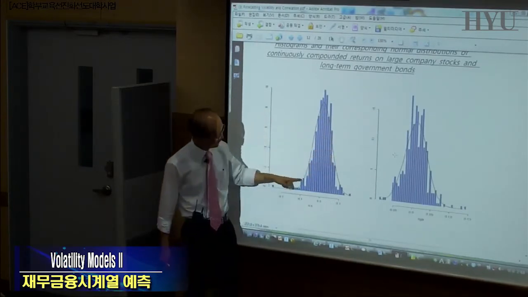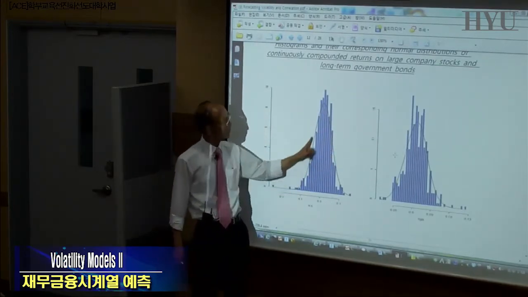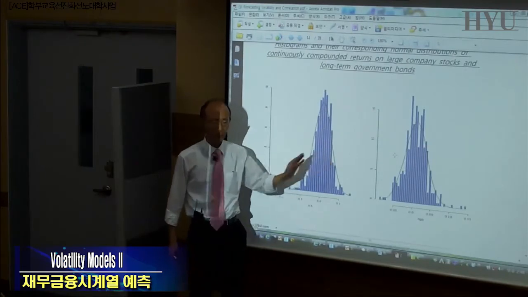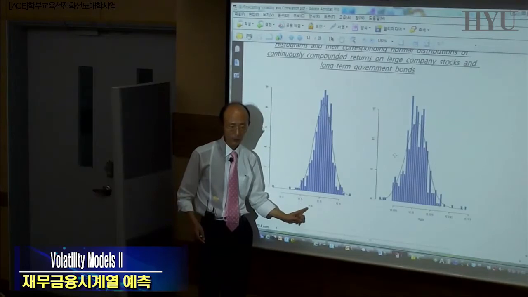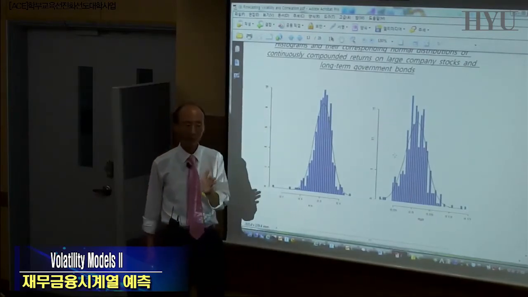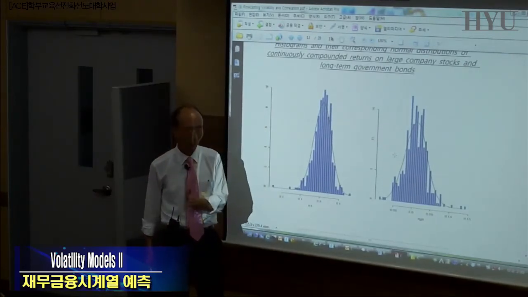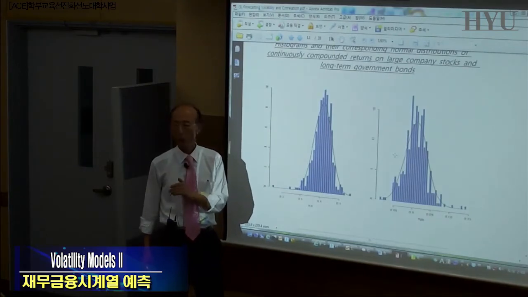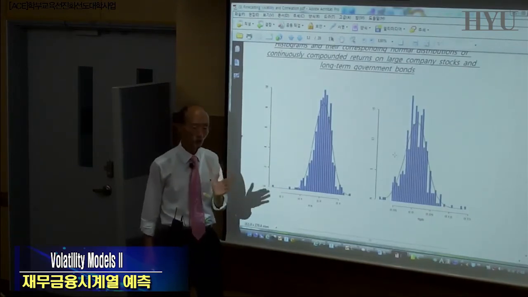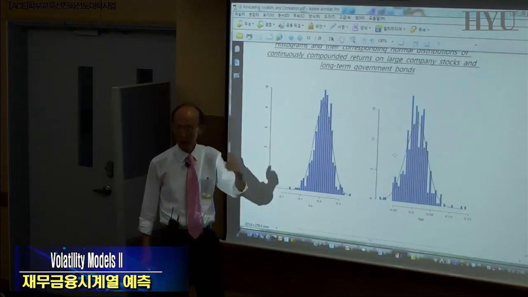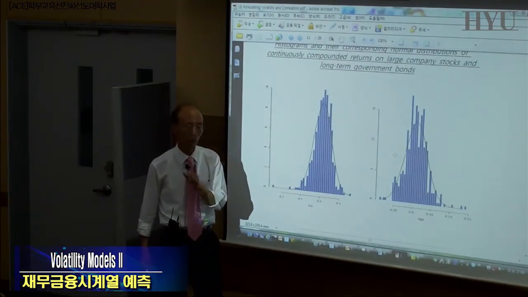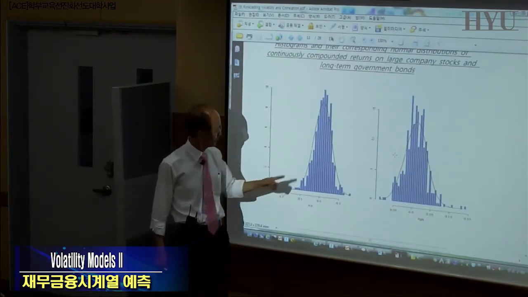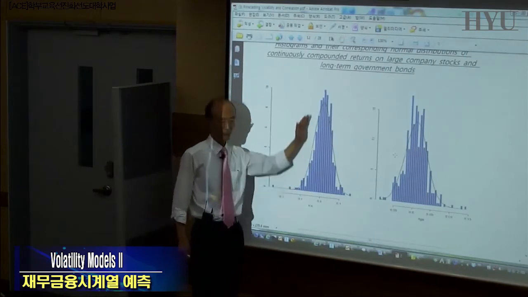I explained how you calculate this line, right? If you have historical returns for this particular series, you calculate the mean and standard deviation. The functional form of the normal distribution is known, right? So if you plug those two moments, sample mean and standard deviation, into the formula for the normal distribution, you get this smooth line.